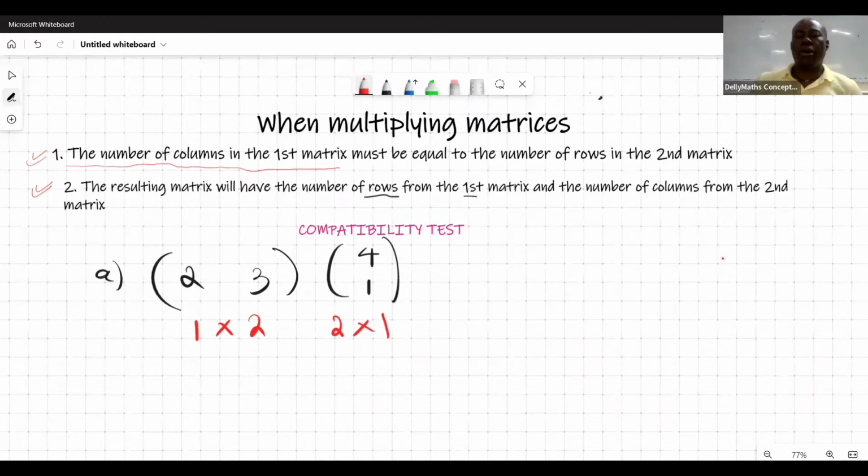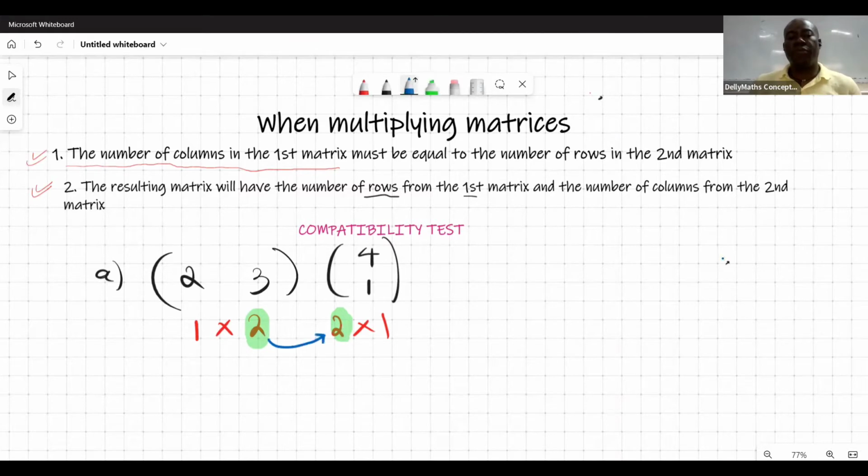If you are not aware of the order of a matrix, we did a video on that previously. What it really looks at is the number of rows and the number of columns. With this compatibility test, you can see that the number of columns in the first matrix is equal to the number of rows in the second matrix. So this means that they can be multiplied.